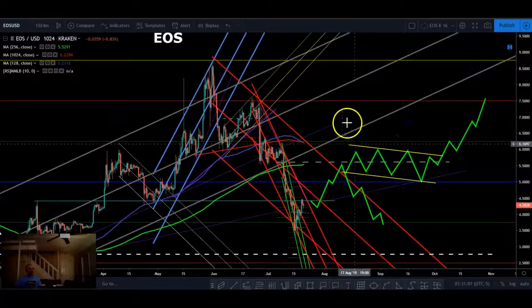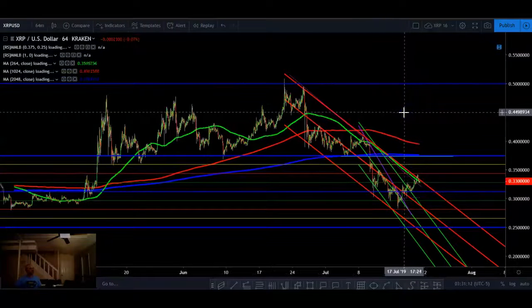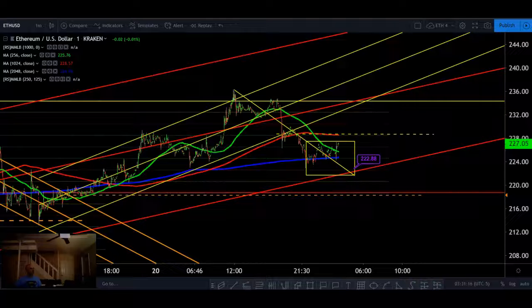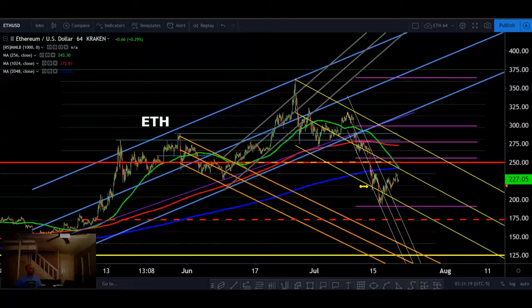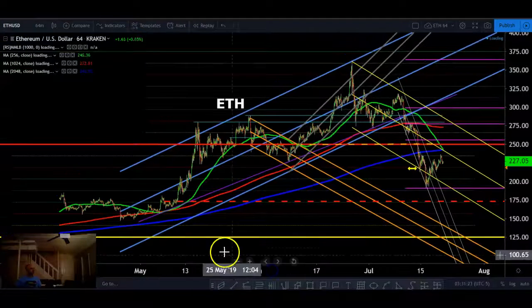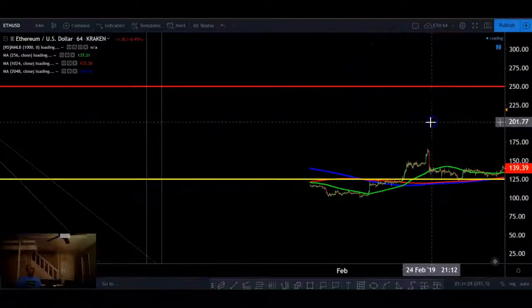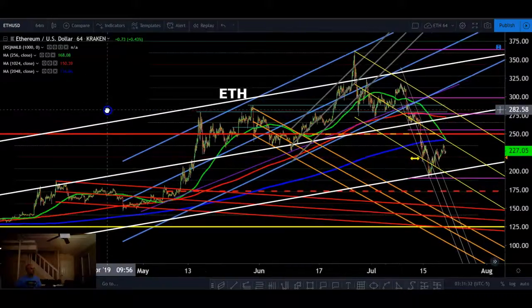So anyhow, that's EOS. XRP has pretty much turned into EOS. It's almost the exact same chart, but that's outside the scope of this discussion. And then the long-term ETH play, you can see the same story there. It has fallen outside of its trend channel. Let me see if we can pull in some white there. So there's its lifetime.